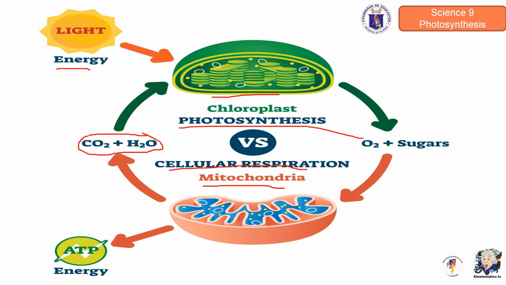For cellular respiration, the raw materials are oxygen and sugars. The main product of photosynthesis is sugar in the form of glucose, and its byproduct is oxygen. The main goal of the mitochondria is to produce adenosine triphosphate, a form of energy, and its byproducts are carbon dioxide and water.